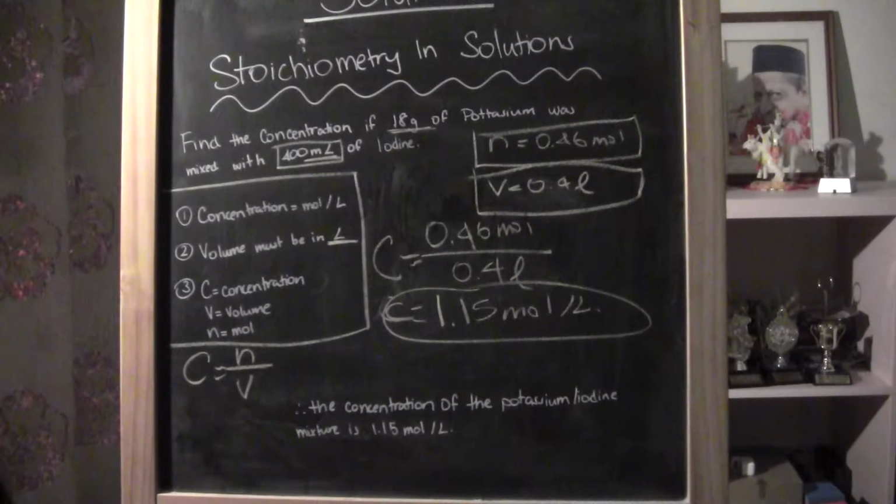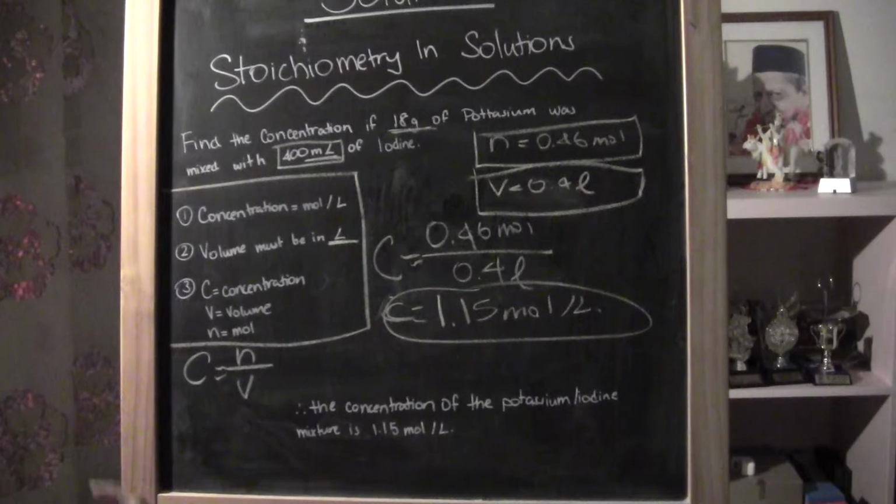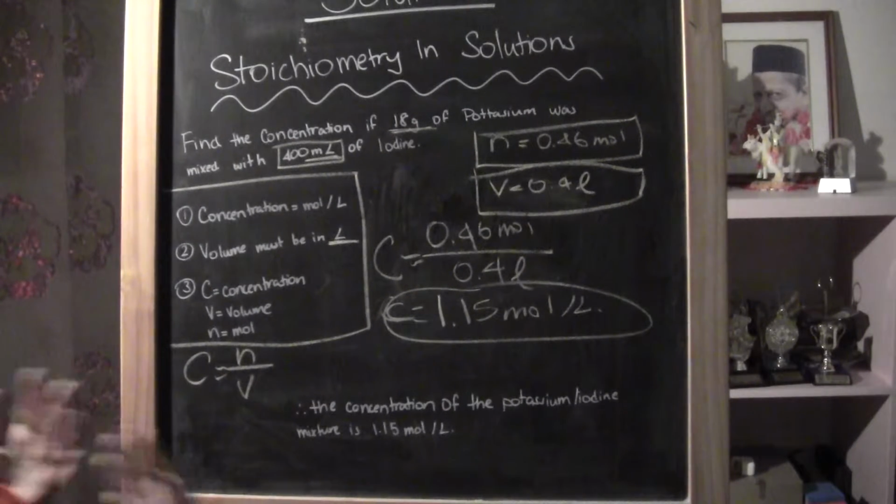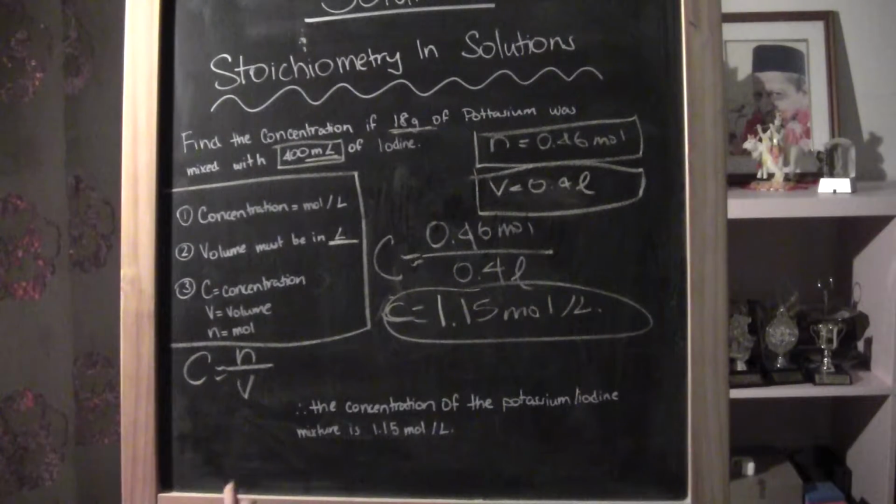So for example, let's say you're trying to dissolve salt in water. Salt would be the solute and water would be the solvent. A really simple way to remember this is the substance that's in the larger quantity would be the solvent, and the substance that's in the lower quantity would be the solute. That's how I remember it, okay? Because of course, if the solute is larger in quantity, you won't be able to dissolve it.